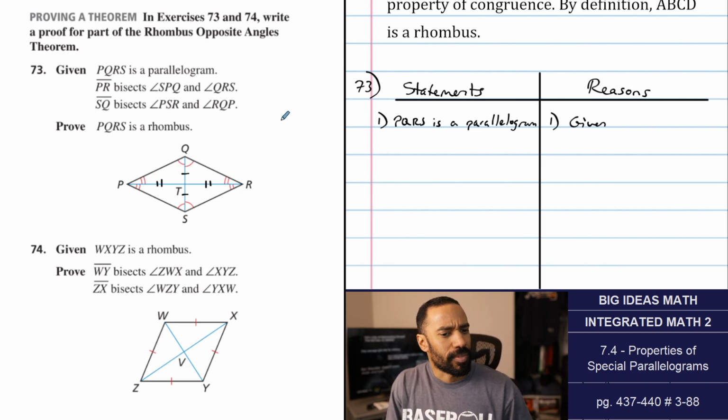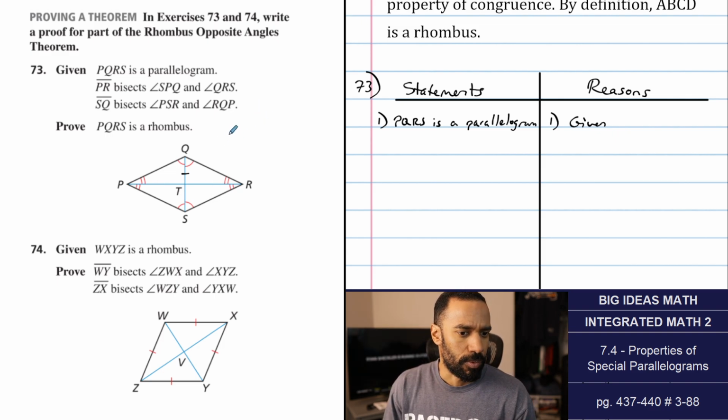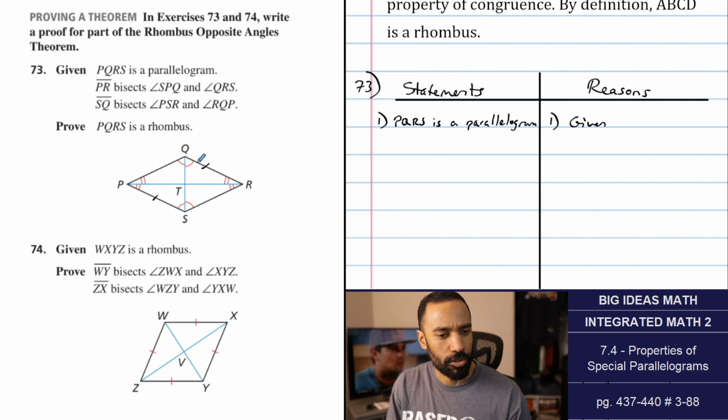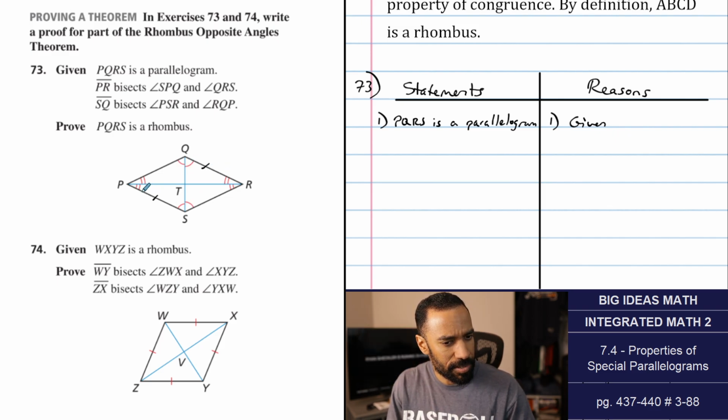So I'm going to work off of the, let's see, I also have to figure out which triangles to prove congruent here, because if I do, I can use opposite sides congruent by definition of parallelogram. I can do angle, side, angle with these two sets. And then proving it's a rhombus.